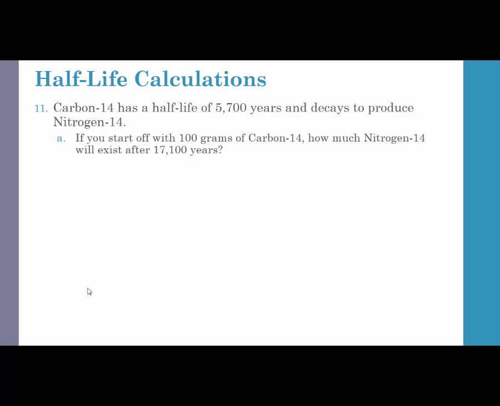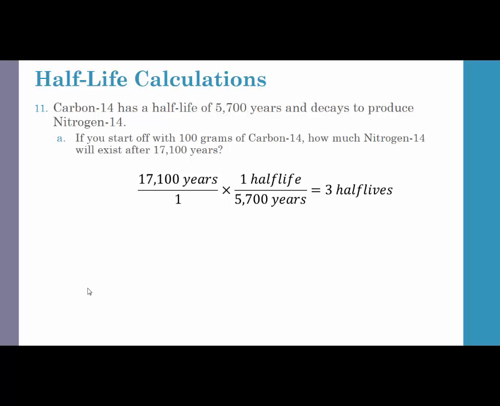So if I start with 100 grams of carbon-14, how much nitrogen-14 will I have after 17,100 years? So the first thing I need to figure out is how many half-lives are there in 17,100 years. So I know that one half-life is 5,700 years. So if I divide, I know that I have 3 half-lives.